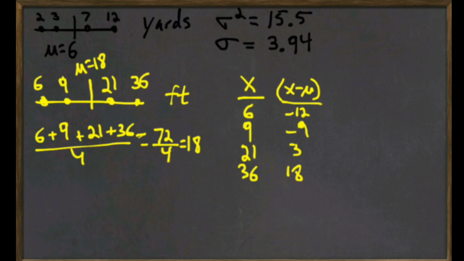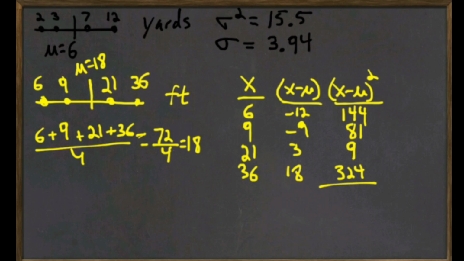And then one more step, right? To find the variance, we're going to square those deviations. This becomes 144, 81, 9, and 324. And then lastly, we take the average of those.